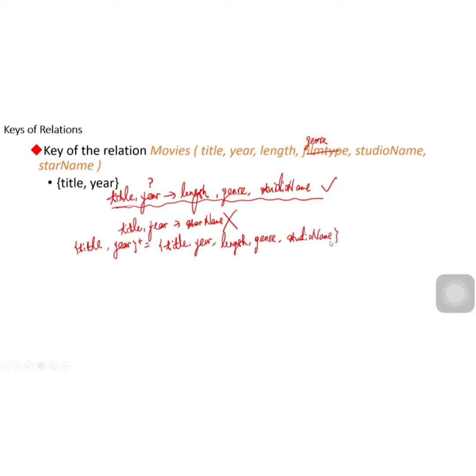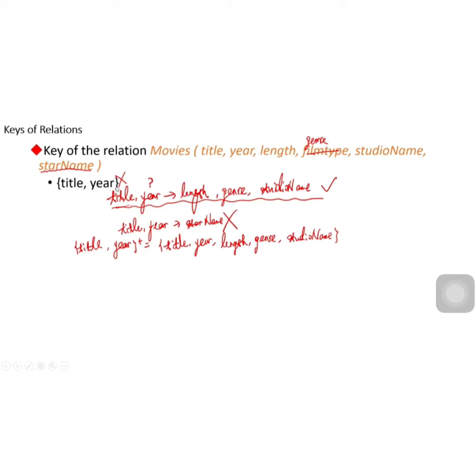So the closure of title year is title, year, length, genre, studio name, with no star name in the closure. So title year is not a key.